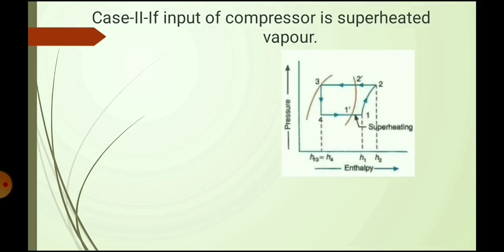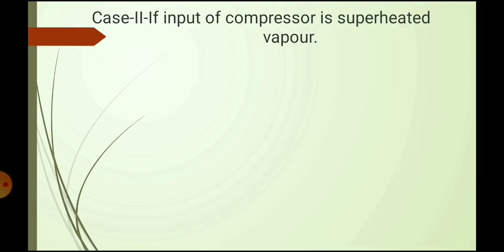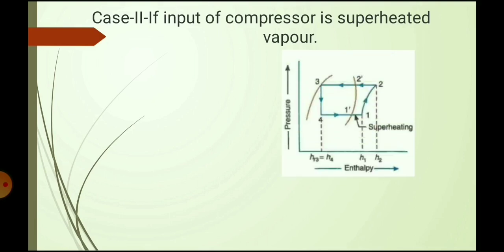Clear? Then this will be the pH diagram. This is the pressure axis and this is the enthalpy axis. This will be the saturated vapor line and this region is said to be the superheated region.